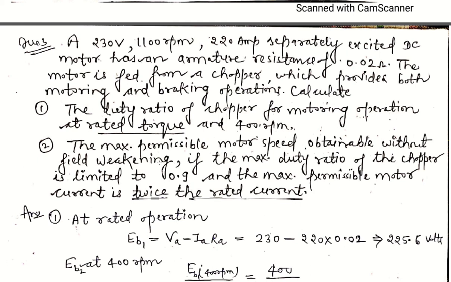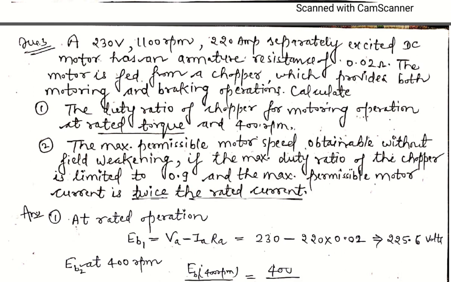And second, the maximum permissible motor speed obtainable without field weakening if the maximum duty ratio of the chopper is limited to 0.9 and the maximum permissible motor current is twice the rated current. So here the rated torque condition applies, and the maximum possible motor current is twice the rated current. These are the conditions applied for the problem statement.